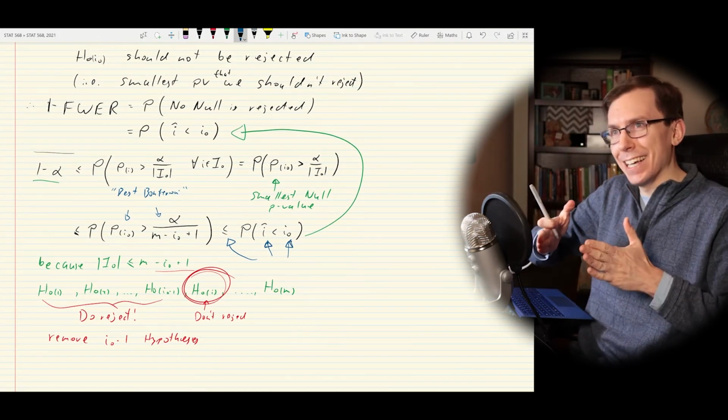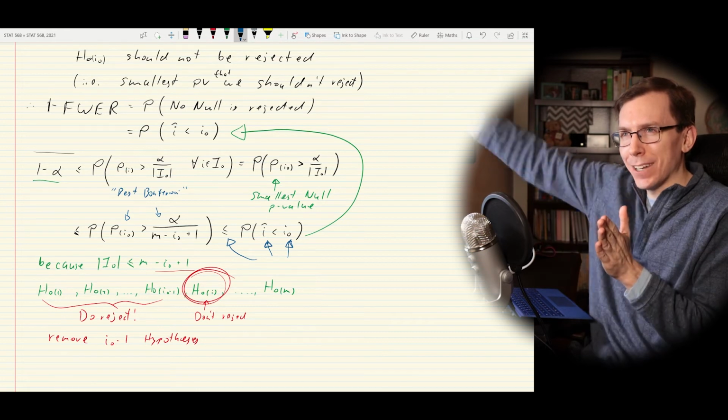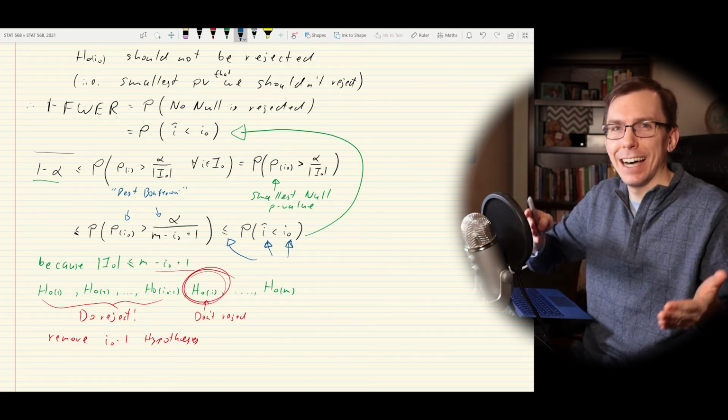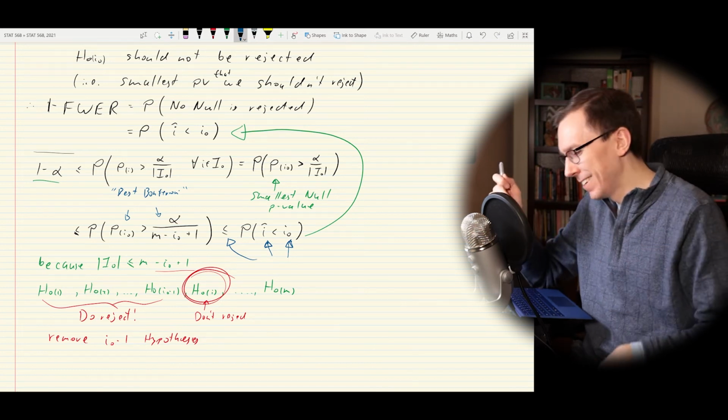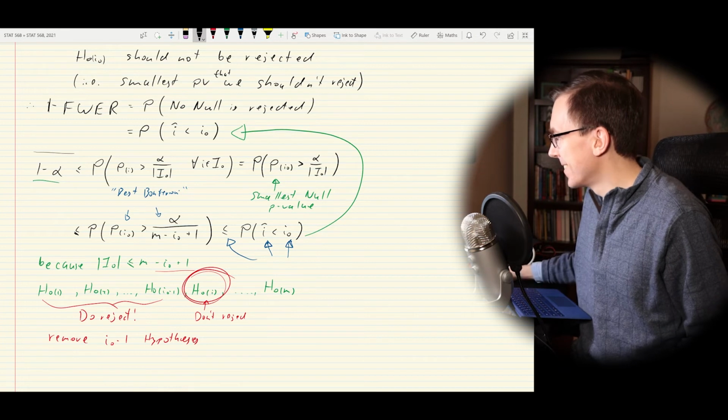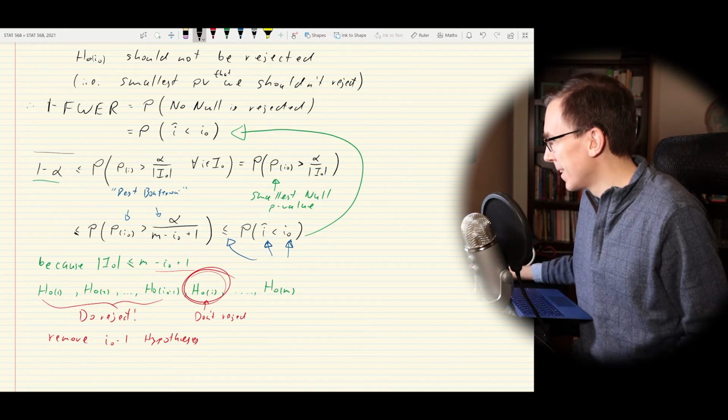Because we didn't reject I naught, we can't reject anything greater than I naught, so the largest rejection has to be less than I naught. There's a lot of knots floating around here, which is quite tricky.